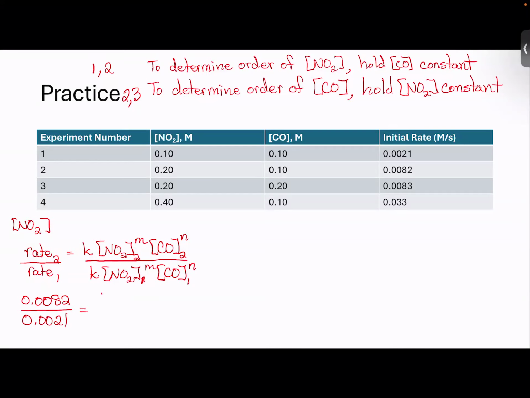That's equal to the rate constant for experiment 2 times the concentration of experiment 2, which is 0.2 raised to its power, times the carbon monoxide concentration of 0.1 raised to its power, all divided by K, times the experiment 1 concentration of nitrogen dioxide, which is 0.1 raised to its power, times the carbon monoxide concentration of 0.1 raised to its power.